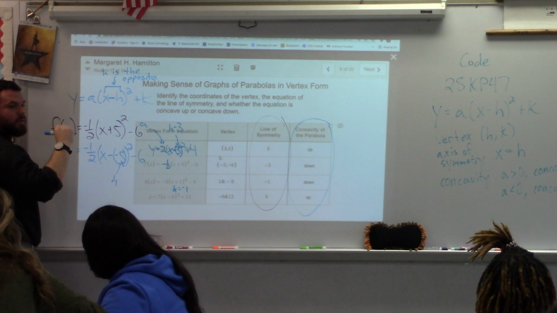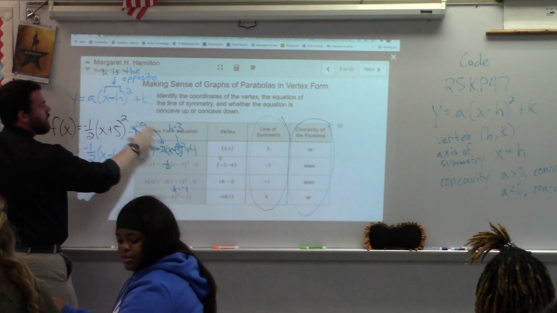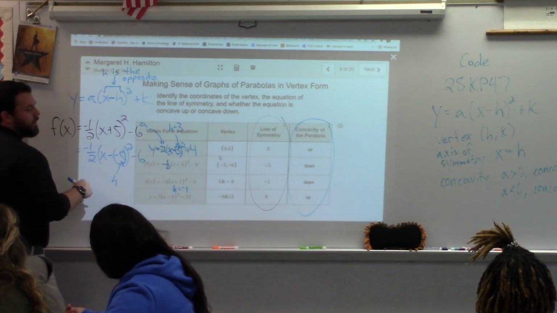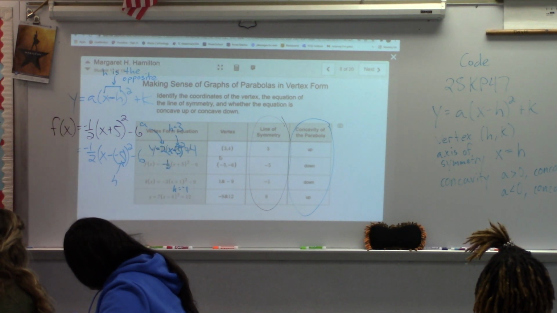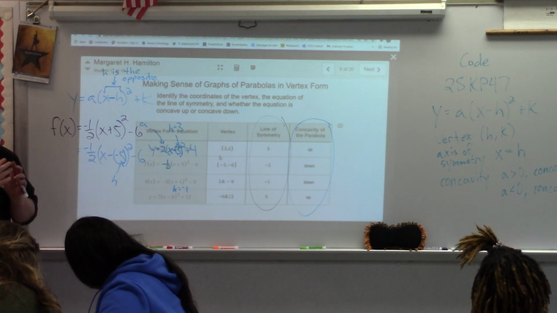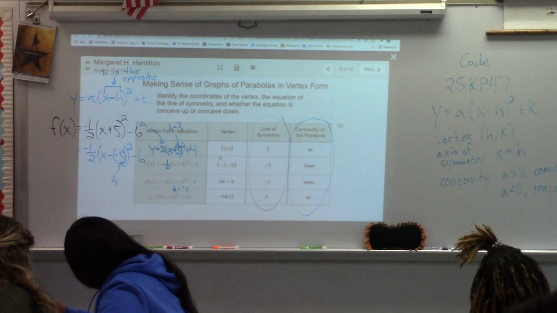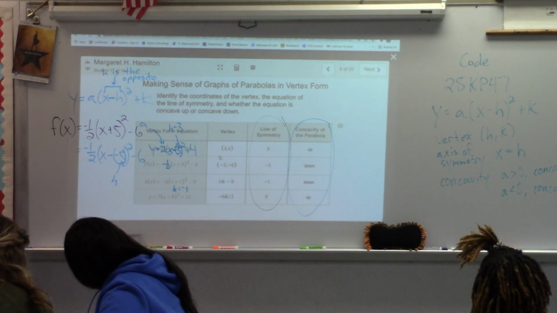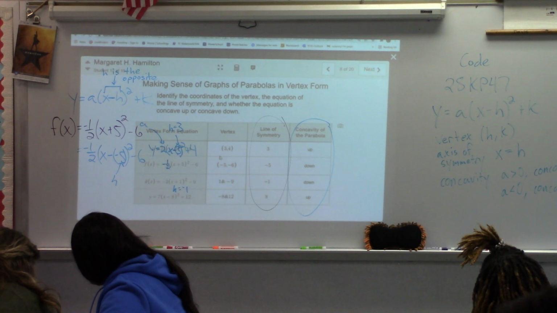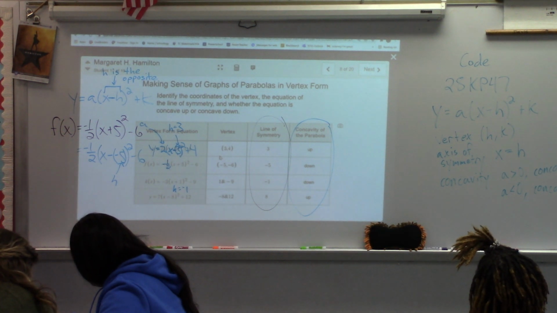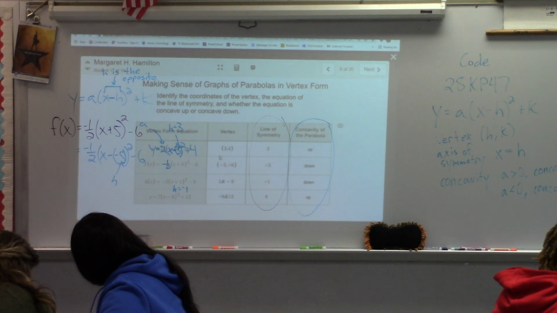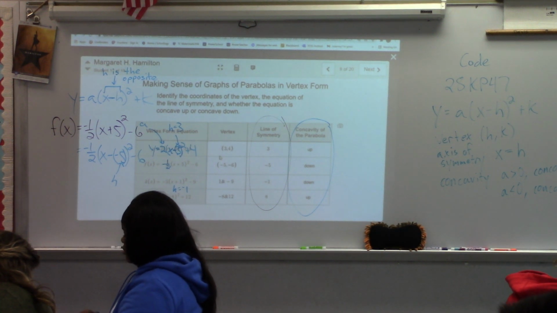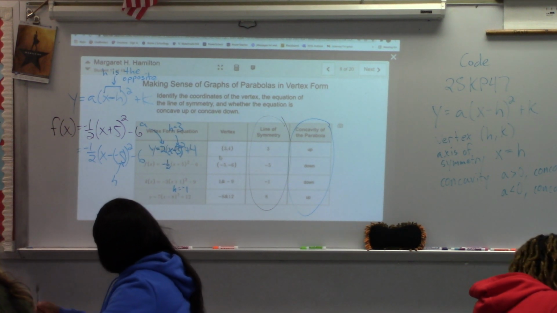Positive to negative. So if it's x minus 3, h is actually a +3. If it's x plus 5, h is actually a -5. I just think the opposite. H is the opposite of that sign. I might make that note to myself under axis of symmetry or vertex, noting that it's the opposite of whatever that sign is there.